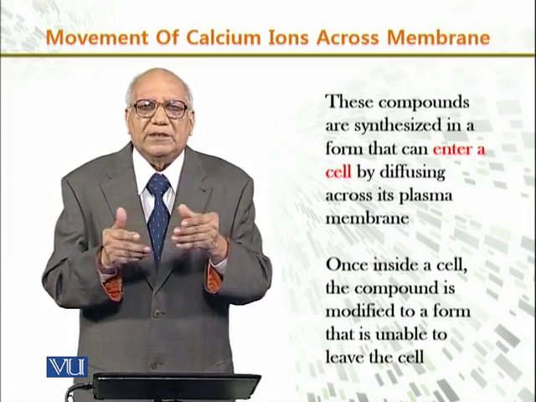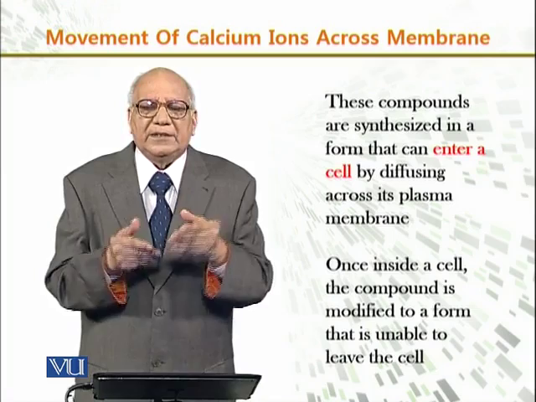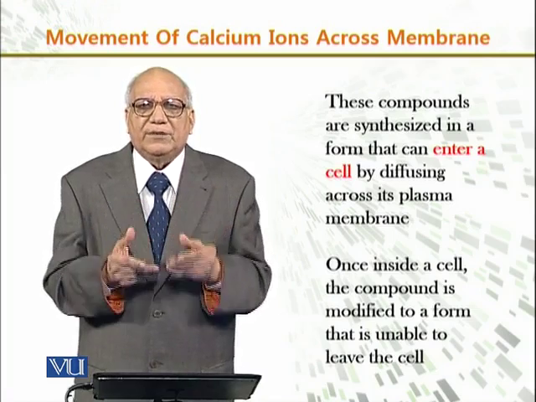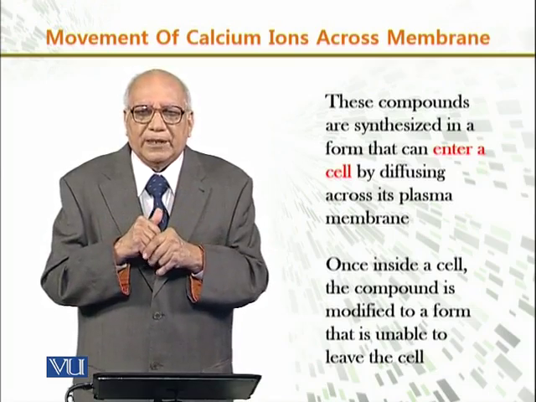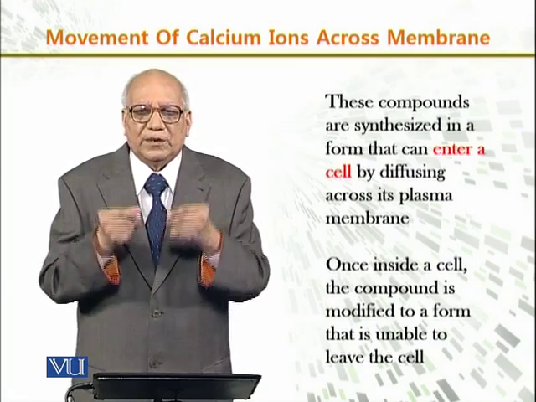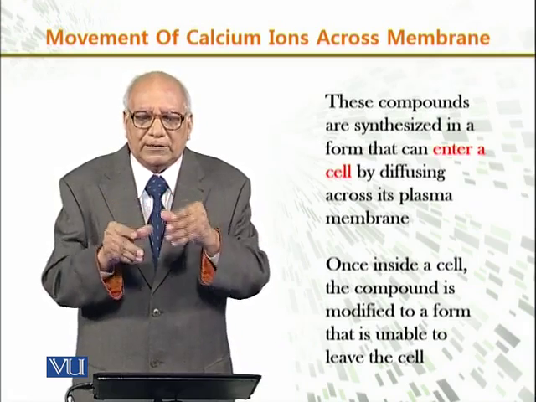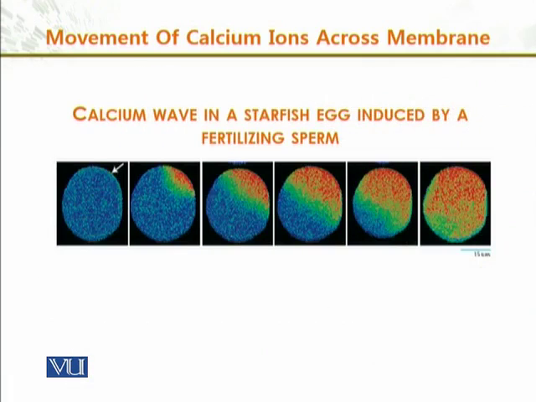Once they are inside the cell, these compounds combine with the calcium and emit light, and the modified form of the compound is unable to leave the cell. For example, in this diagram, you will see a calcium wave in a starfish egg, which is induced by a fertilizing sperm.